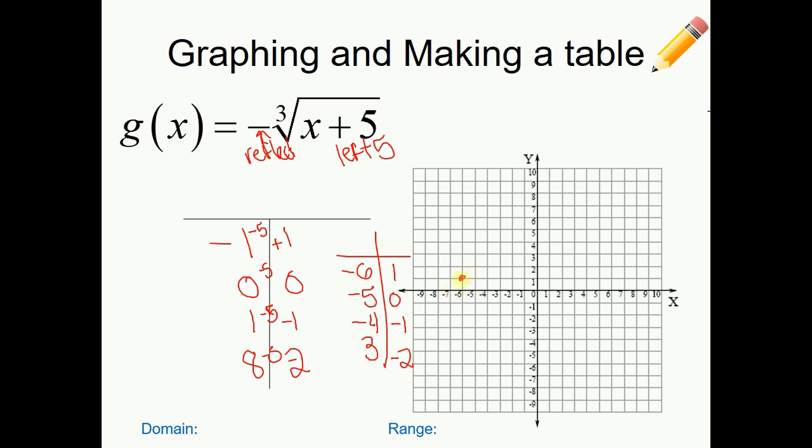-6, 1, -5, 0, -4, -1, and 3, -2. So it's going to look like a graph that's going to do something like that.